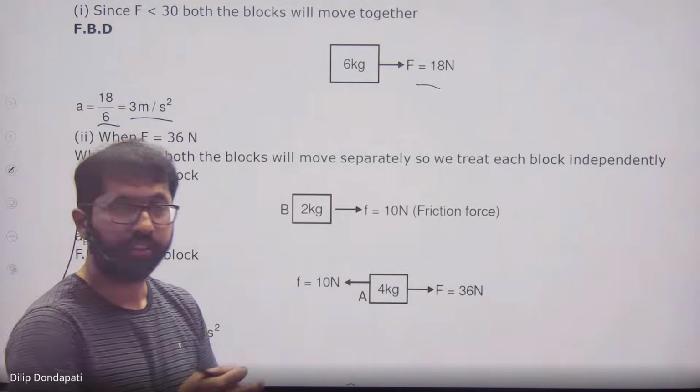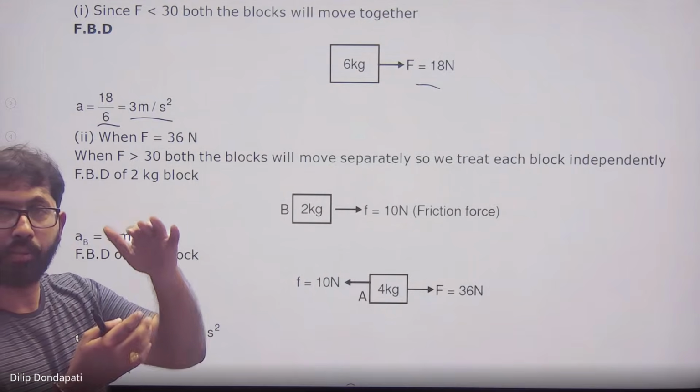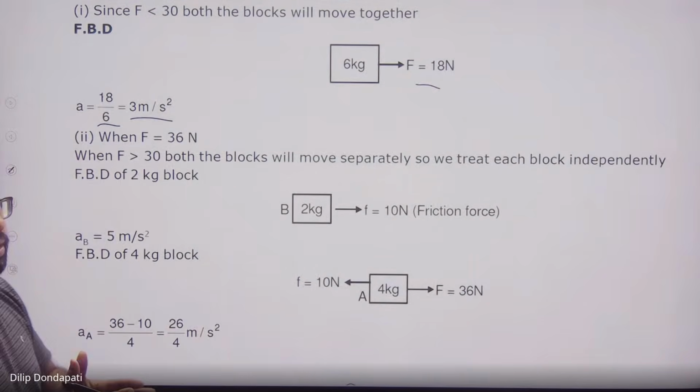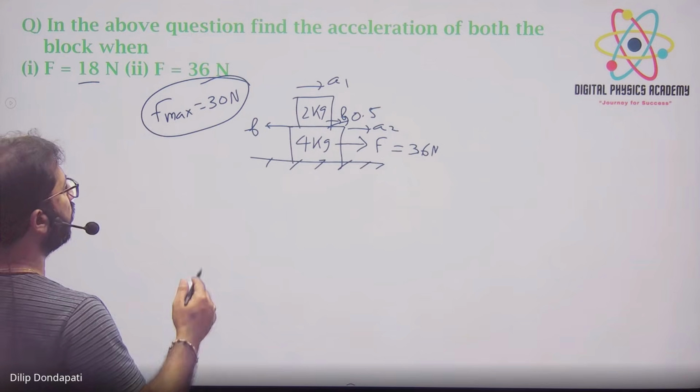See, I am also applying the force on the lower block. When they are moving with the same acceleration, always use net force by net mass. The FBD for the 4 kg block: 10 newtons in the opposite direction, and 18 newtons.